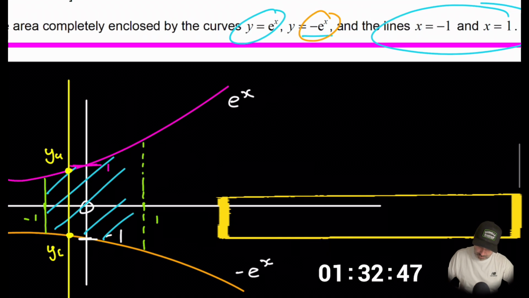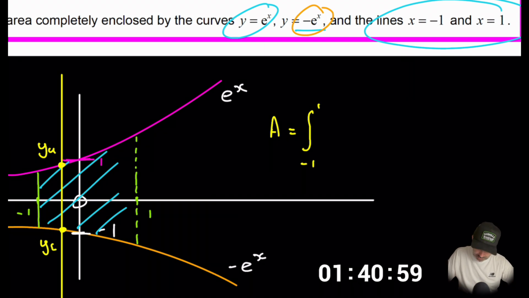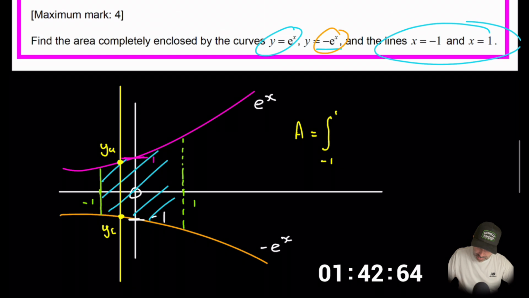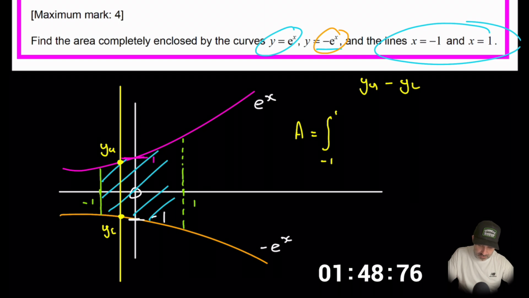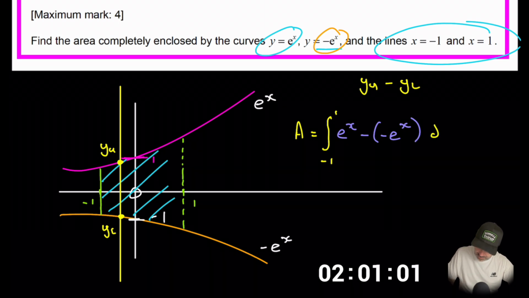So when I set this up, the area is equal to the integral between the lower limit, that will be -1, and the upper limit, which is going to be 1, of y upper minus y lower. We have to get that round the right way, otherwise the sign will come out wrong. So the y upper will be e to the x minus the y lower, which is minus e to the x, and that's all with respect to dx.